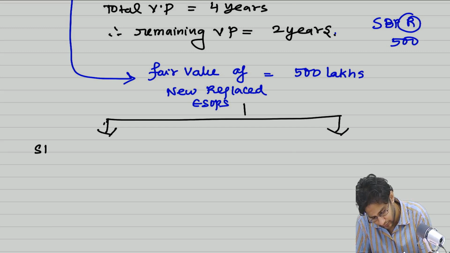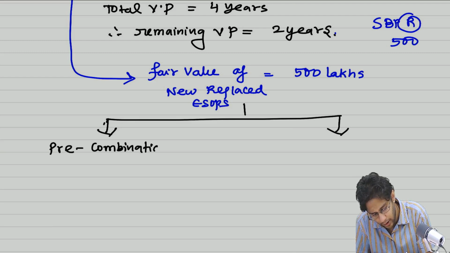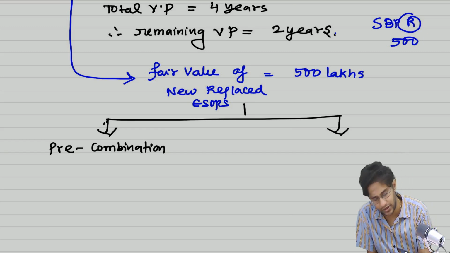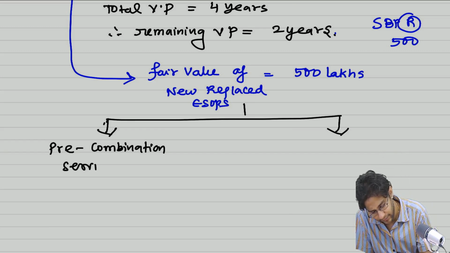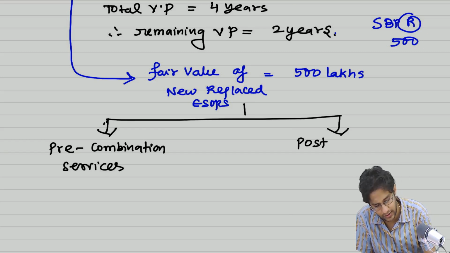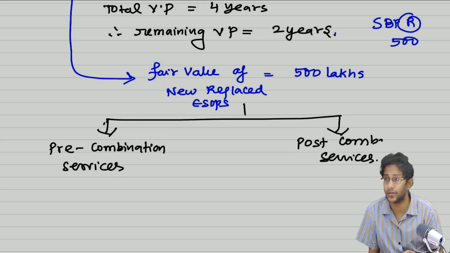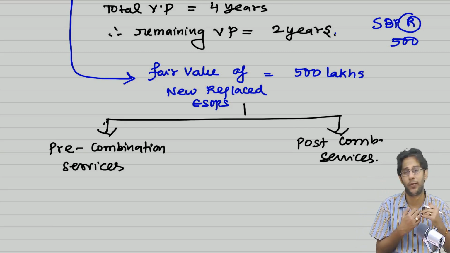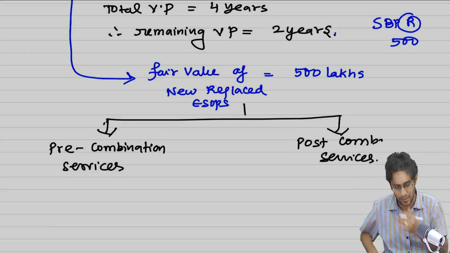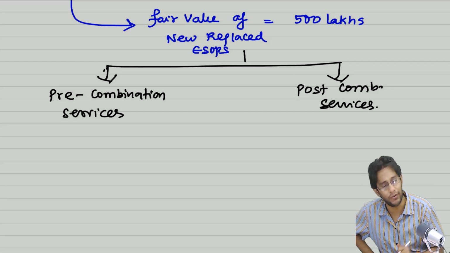So how much is towards pre-combination services? Pre-combination means services before the business combination. And how much of this 500 lakhs is towards post-combination services? Employees will further render services over the remaining 2 years. So how will we split this amount?